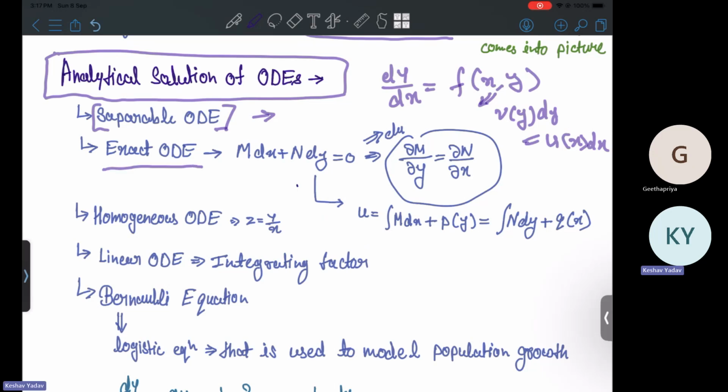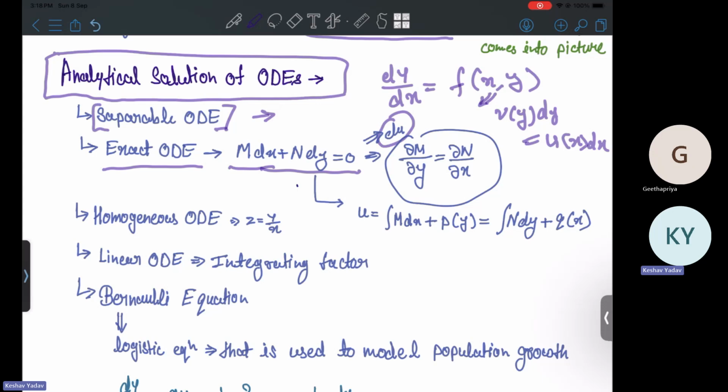Then exact type of ODEs is also a type of ordinary differential equation, when we have M dx plus N dy equal to zero type of differential equation, where M and N are functions of both x and y. This is called exact when the whole M dx plus N dy can be written as du.